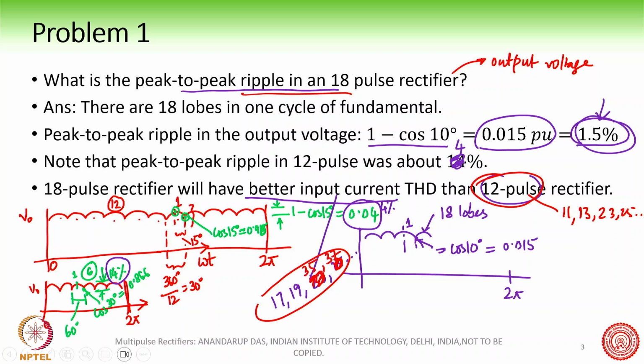Okay, like this it will go, not 23 and 25. So in an 18 pulse rectifier, 17, 19, 35, 37, 53, 55, that way the harmonics will be present. Okay, so this is one example which we can cover.